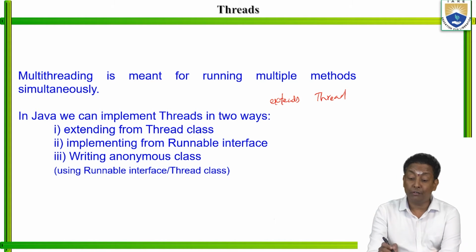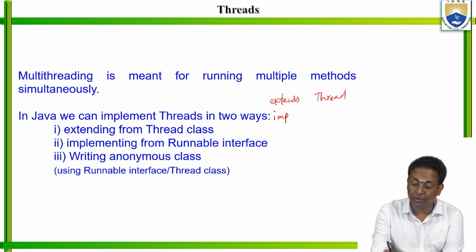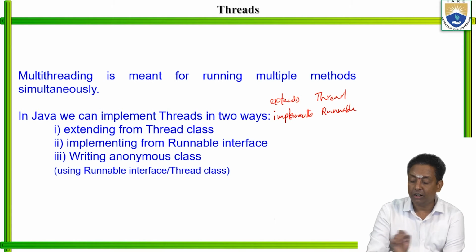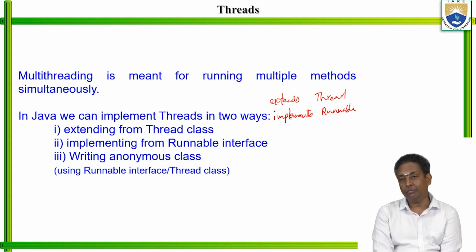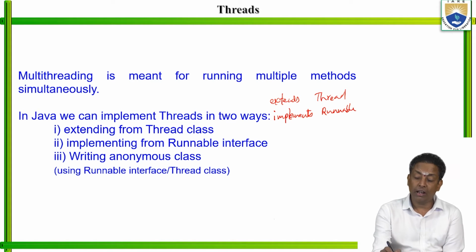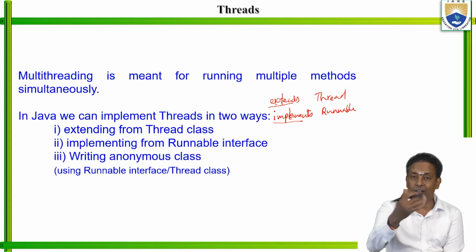If you want to implement from an interface, we must use the keyword implements Runnable. So by either extending from the Thread class or implementing the Runnable interface, you can write one thread class.